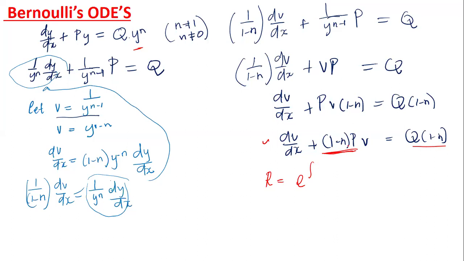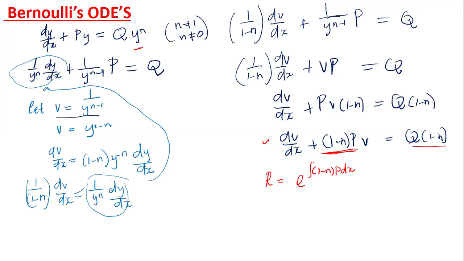Remember our p is now hooked to 1 minus n, so we write it as it is: 1 minus n multiplied by the value of p dx. Remember, it's not dt, it's not dy, it's dx. You write dx as the independent variable, and then determine the integration factor from there. And the value of q, we take as it is.